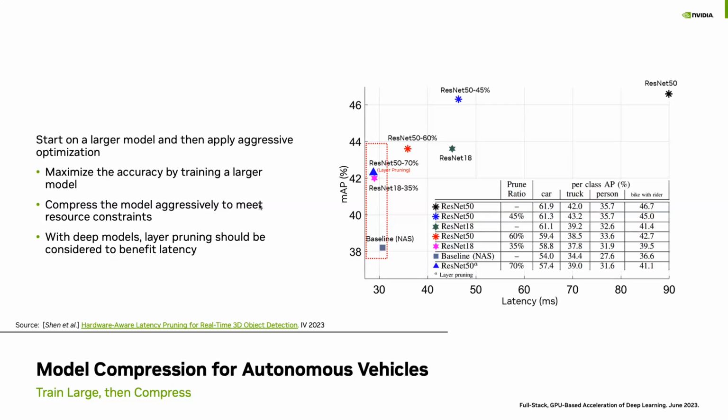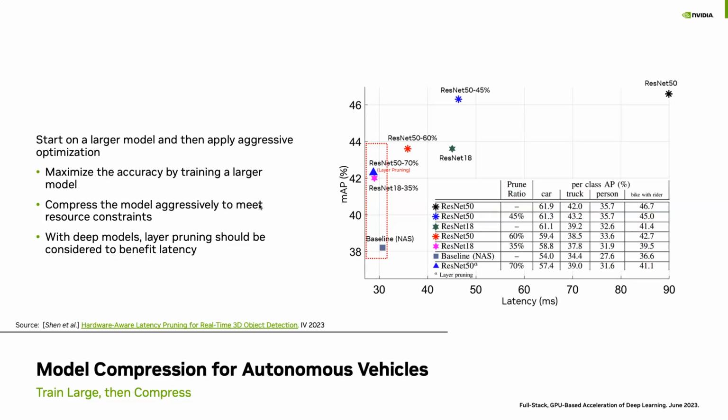And it is clear from the figure that pruning from a larger model gives us a better overall performance. For example, when we perform the pruning on the ResNet-50, it forms the frontier of the performance curve in the figure.